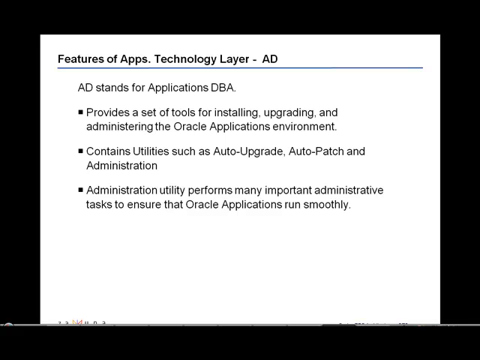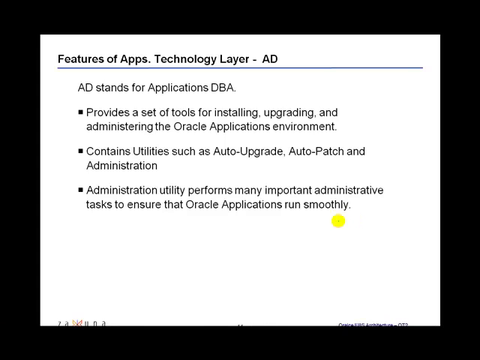File system tasks would mean anything related to changing the files or moving files on the application server or on the database server. And the database tasks relate to cloning the database or backing up the database or bringing up the database, so more related to the database task itself. And the AD administrative utility tasks are primarily performed by the database administrators or system administrators.